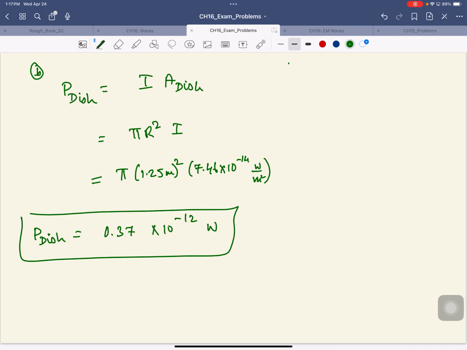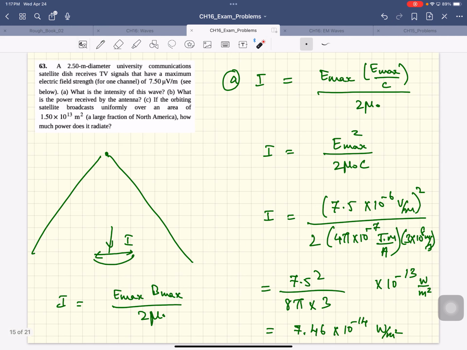Okay, so the power falling on the dish is 0.37 picowatts. Okay, a trillionth of a watt, less than half a trillionth of a watt. All right, so that is the power falling there.